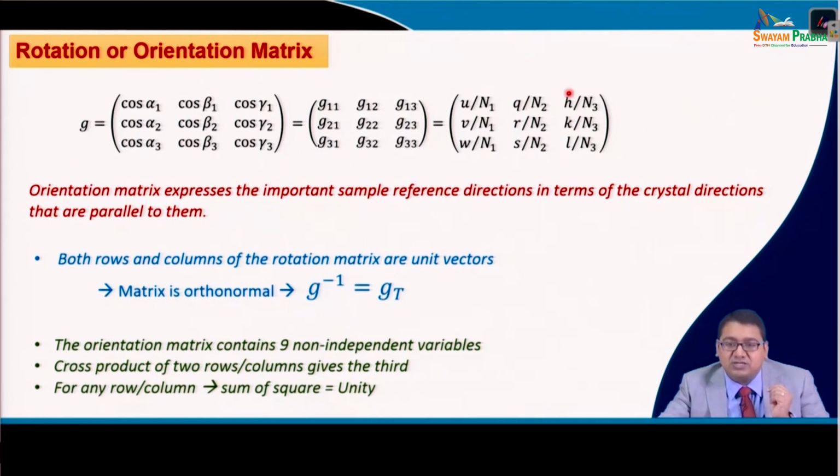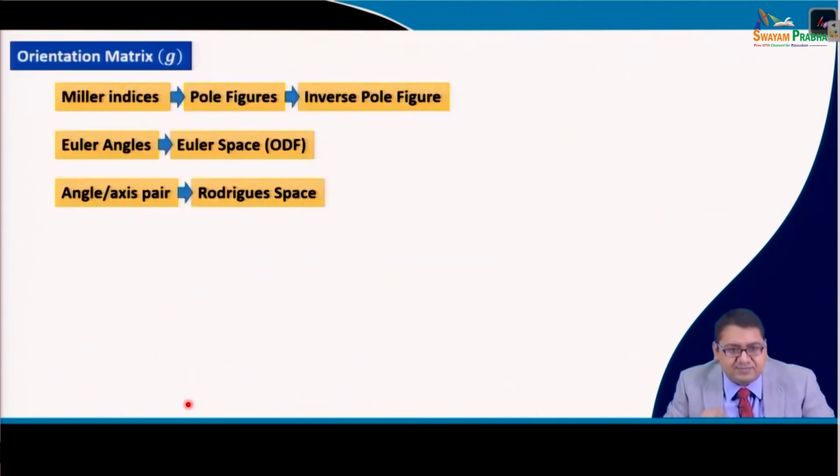So, the cross product of ND cross RD gives TD, TD cross ND gives RD, RD cross TD gives ND, right. So, you get the third by using the cross product, and for any row or column the sum of squares becomes equal to unity, and that is why G inverse is equal to G transpose, right.